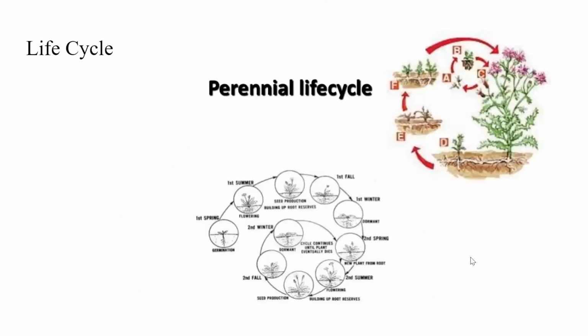Moving on to the life cycle, as previously mentioned, this is a perennial, so it will follow that growth cycle. As can be seen in this image here, in the spring, the Mentha spicata begins to germinate. As it moves into the summer, it starts to flower, building up a strong root system, and it begins to produce seeds.